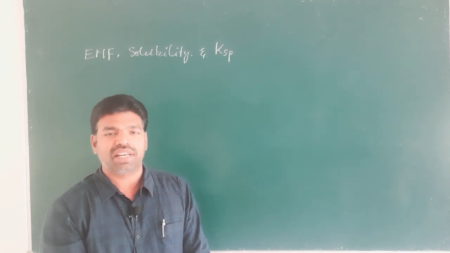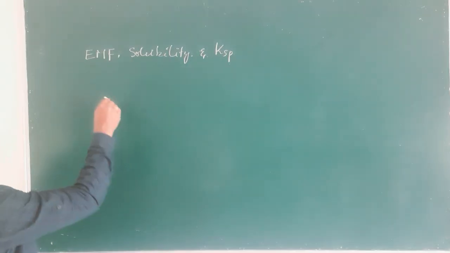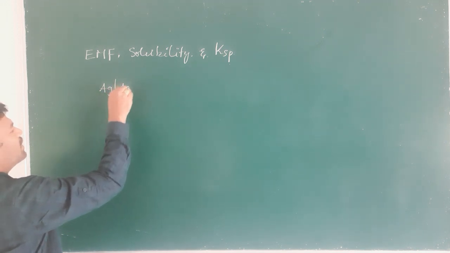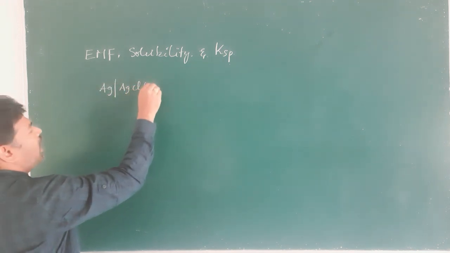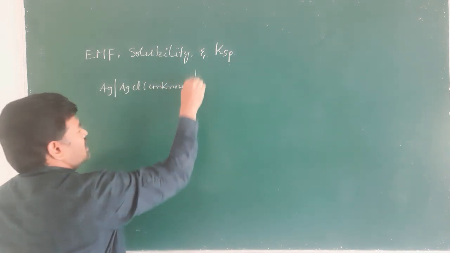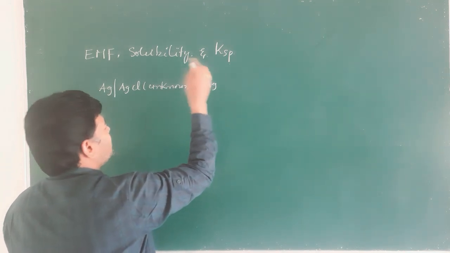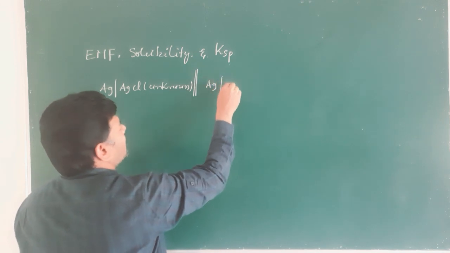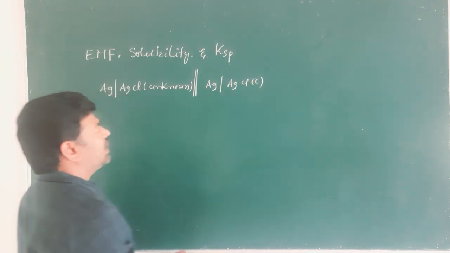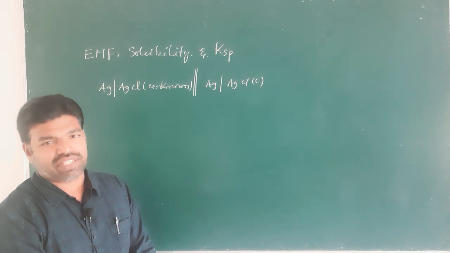So let us consider a concentration cell: Ag, silver dipped in silver chloride solution of unknown concentration, this is the salt bridge, and here Ag dipped in AgCl solution of known concentration. This is the example for a concentration cell.